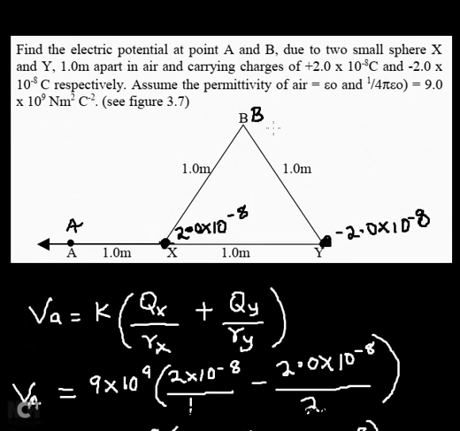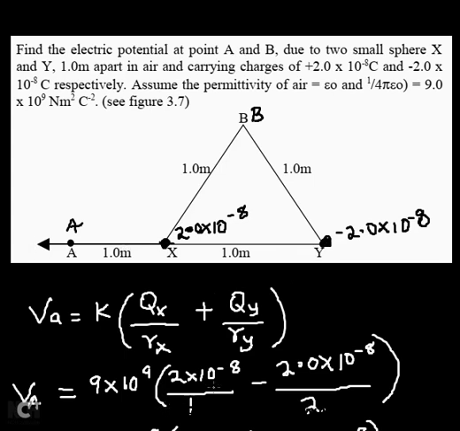I hope that is well understood. So what happens to point B? Point B is the same thing, the same solution, but the difference is that the distance of Y from B is 1 meter, unlike the distance of Y from A, which was 2 meters.